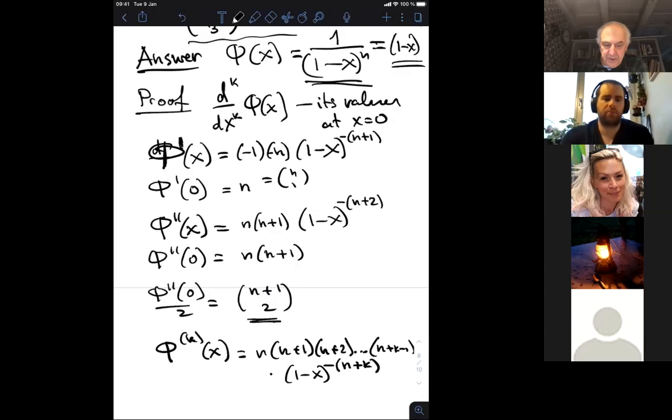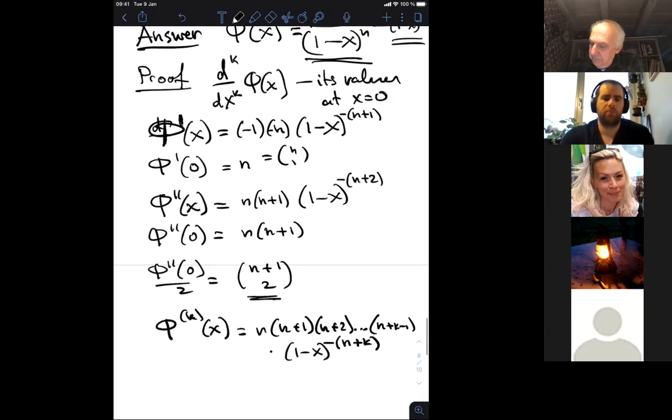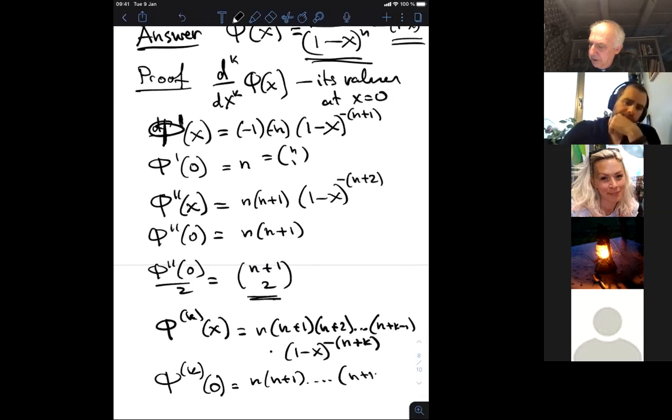And the value of phi k at the origin would be this product, n times n plus 1 up to n plus k minus 1.